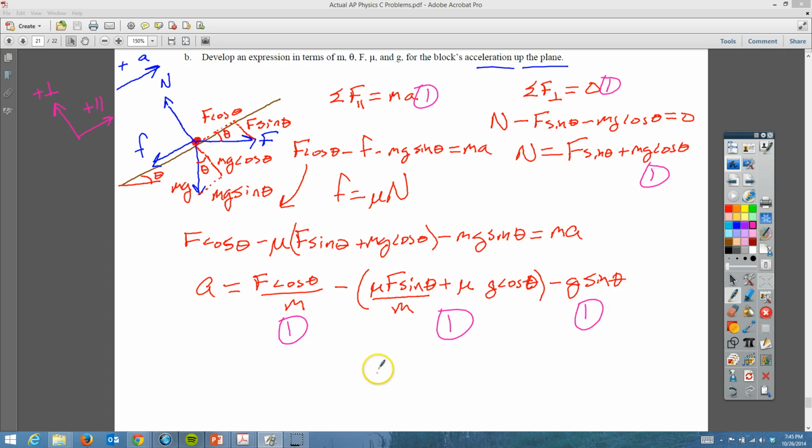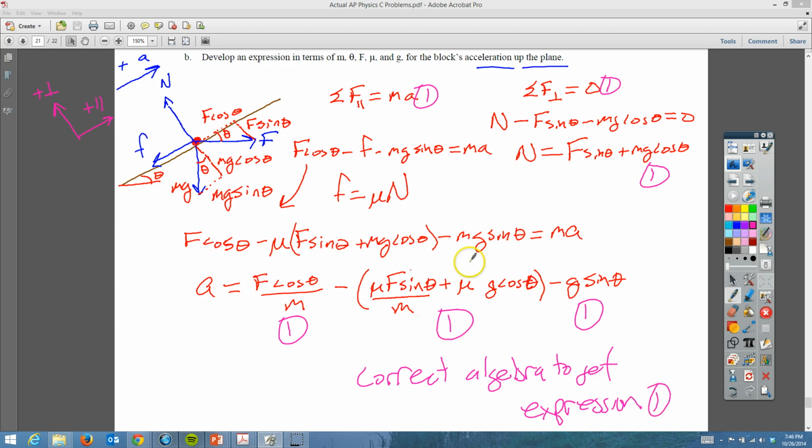And then the last point is correct algebra to get the expression, which is kind of crazy, but they must have run out of points. So they want to make sure you have all the intermediary steps in order to get there. And that's it. So that is part B.